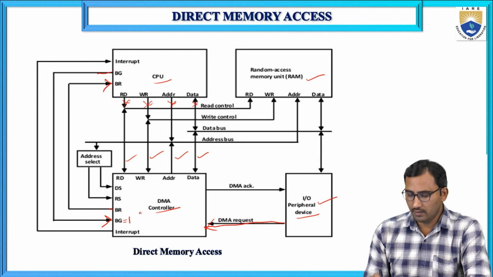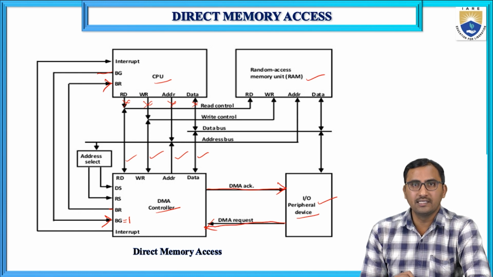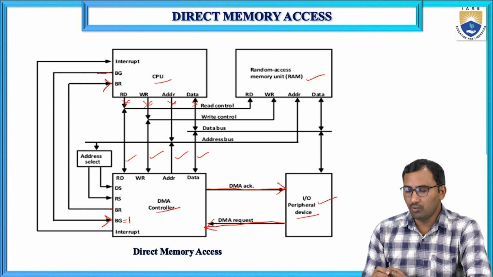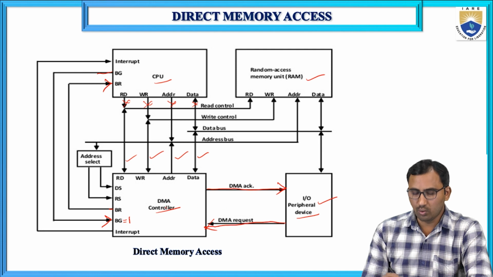The DMA controller sends a DMA acknowledgement to the IO device. Whenever the IO device receives the DMA acknowledgement, it starts the data transfer. That means the data from the IO device is sent through the DMA controller to the memory.